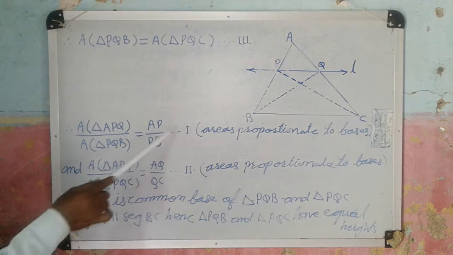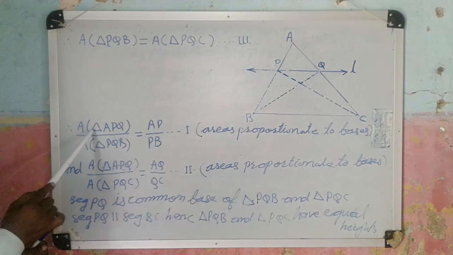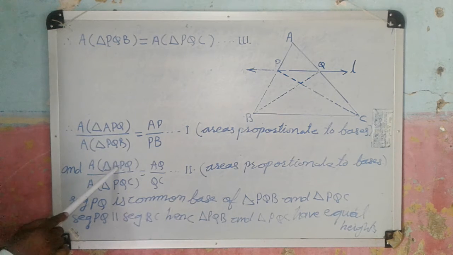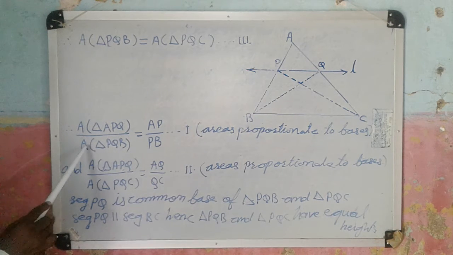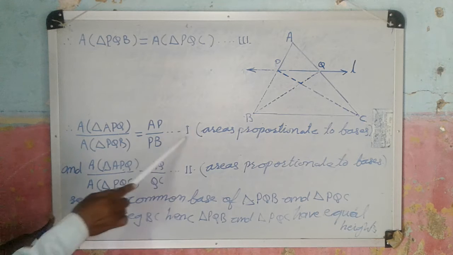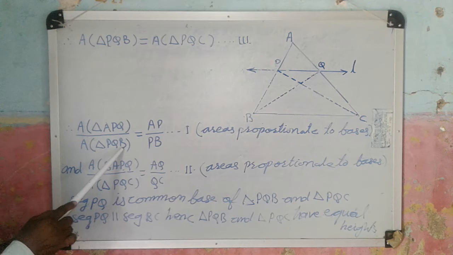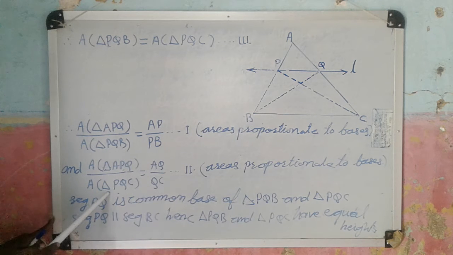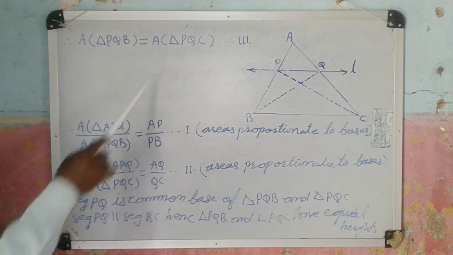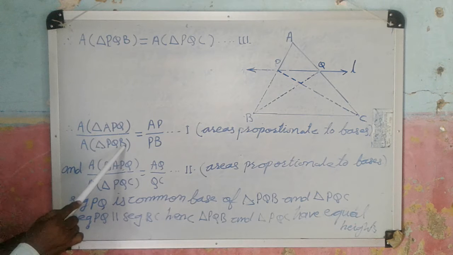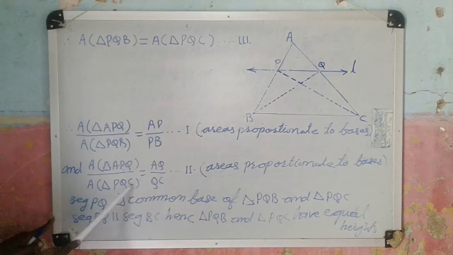Now see here, in statement 1 and 2, triangle APQ is the common triangle, that means the same triangle, and also here in statement 1 triangle PQB, and here in statement 2 triangle PQC. Okay, from statement 3 we can say that area of this triangle PQB is equal to area of this triangle PQC.